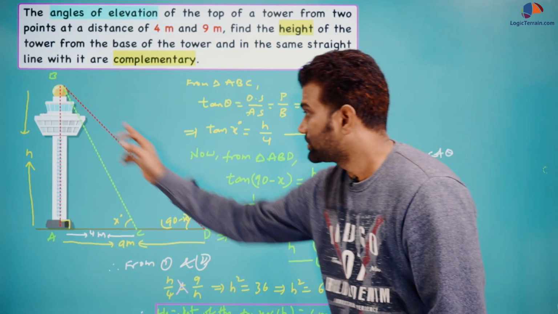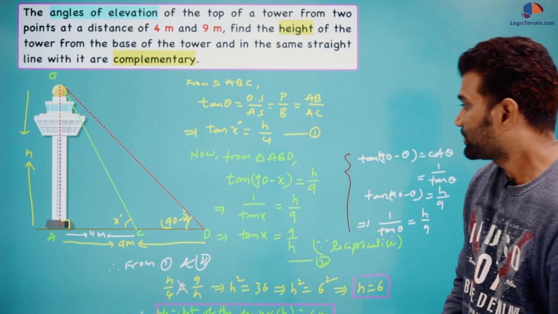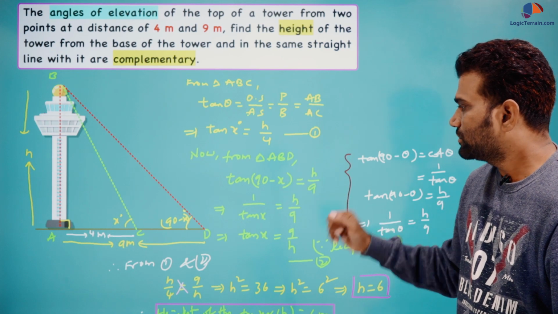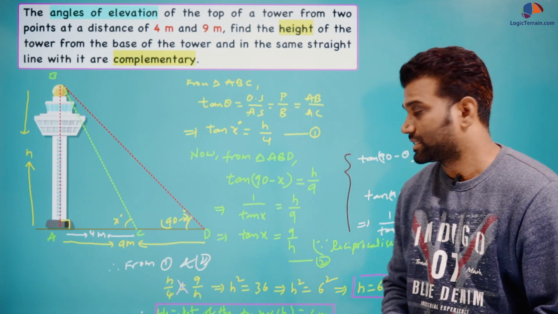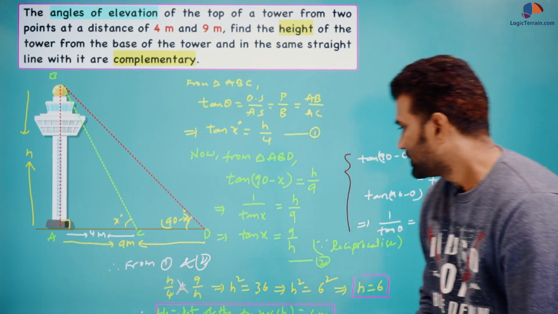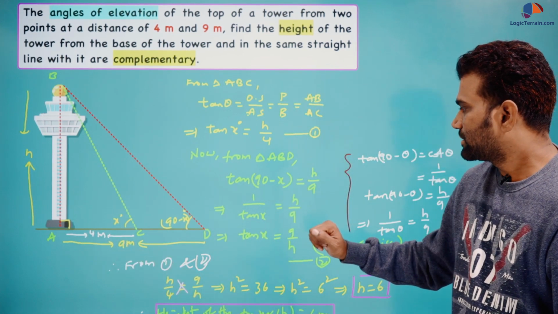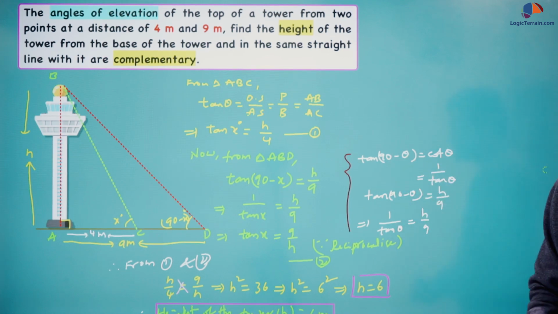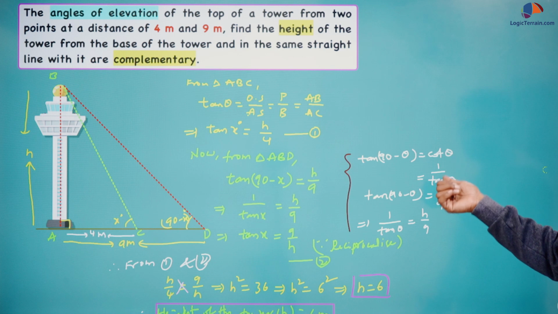Now from the second right angle triangle, tan of 90 minus x equals h upon base, that is 9. We know tan 90 minus theta equals cot theta, which is nothing but 1 upon tan theta.